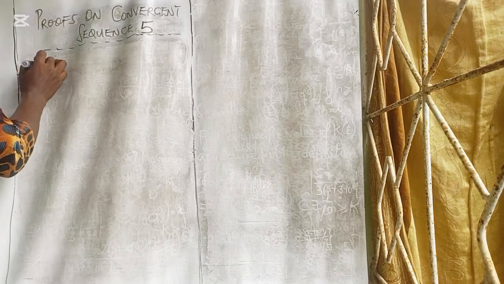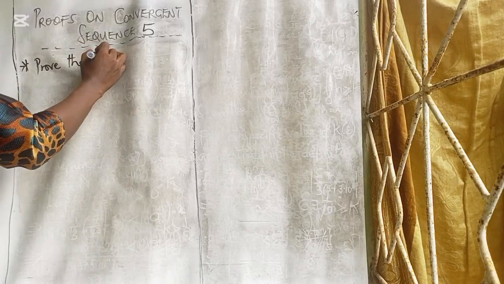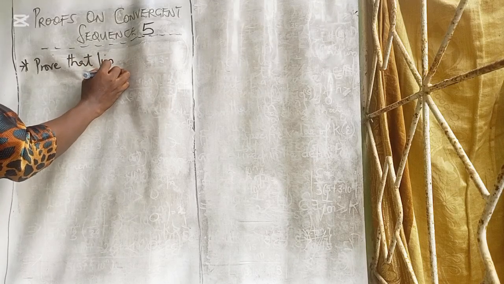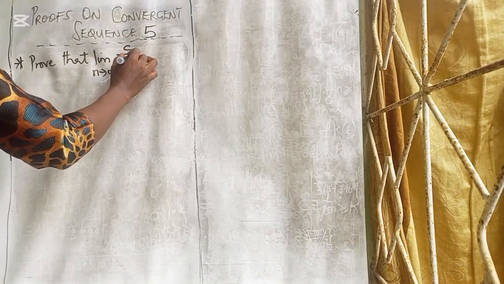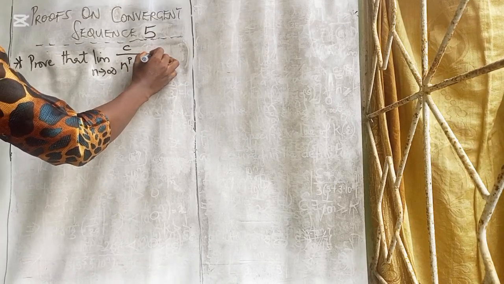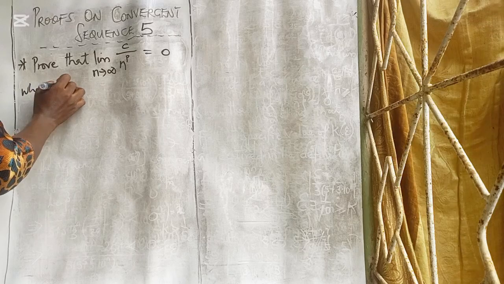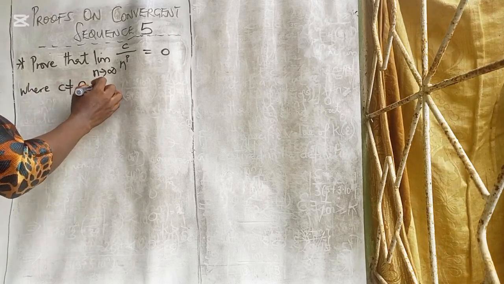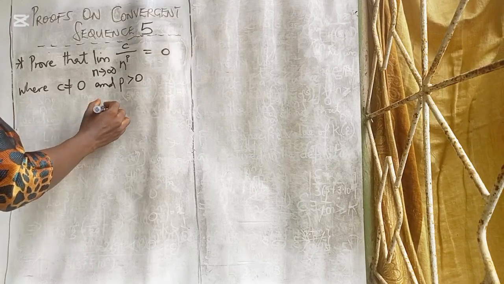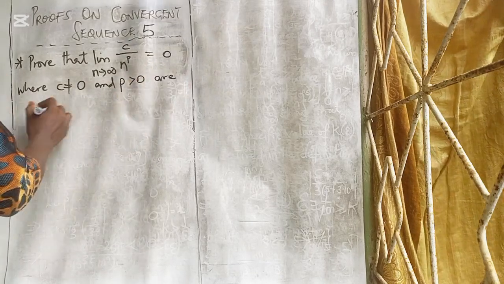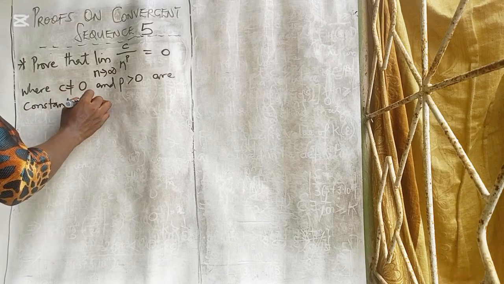We want to prove that the limit as n tends to infinity of c over n raised to power p is equal to 0, where c is not equal to 0 and p is greater than 0. They are constants independent of n.